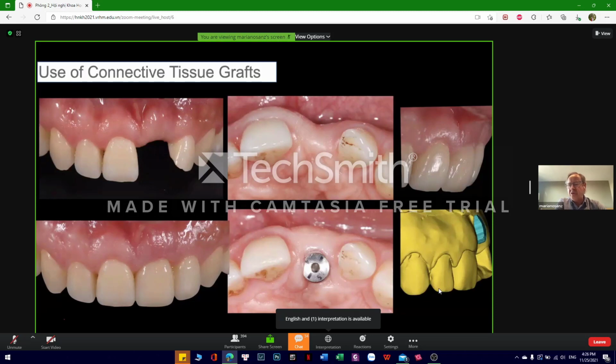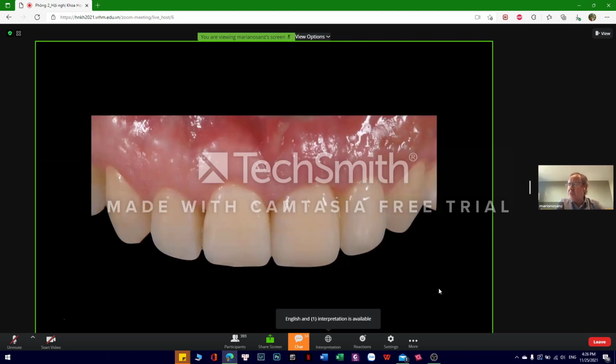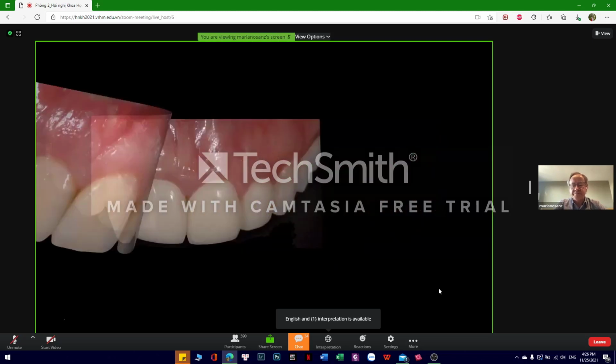And this, of course, can be measured readily by visual inspection, or we have today digital means to evaluate the thickness of the contours that we are able to augment. And of course, the emergence profile of these implant supported restorations, in this case, implant supported crown, provide a good aesthetic outcomes.